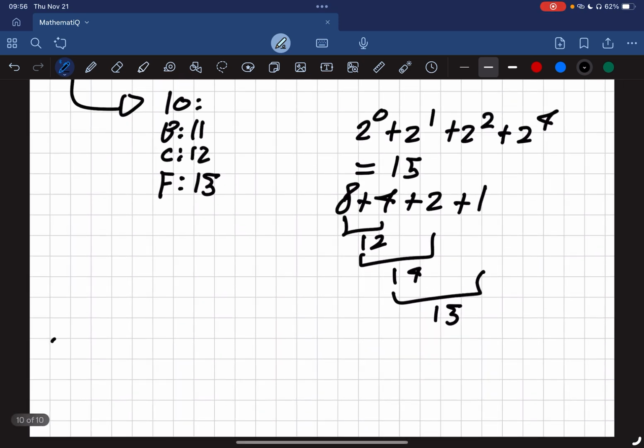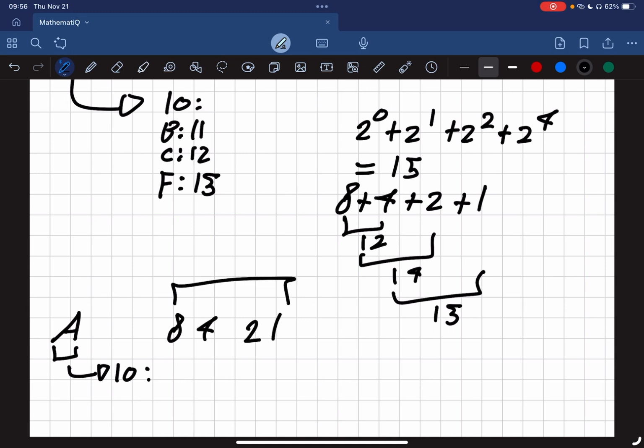So if we look at A, which is represented by 10 in decimal, we want to make this a binary number. 8421 is our structure and our weights for a binary number. You start fitting it in, you get 1, 0, 1, 0.